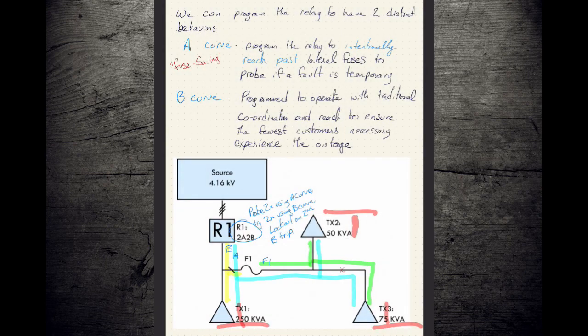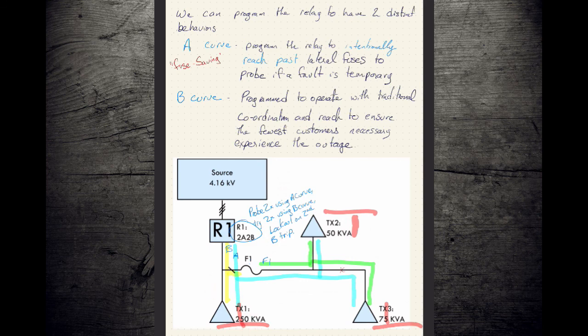It's very likely that 25K, if we were in this situation, might be too small to coordinate with this transformer right here. It also might be too small to coordinate with this transformer here.